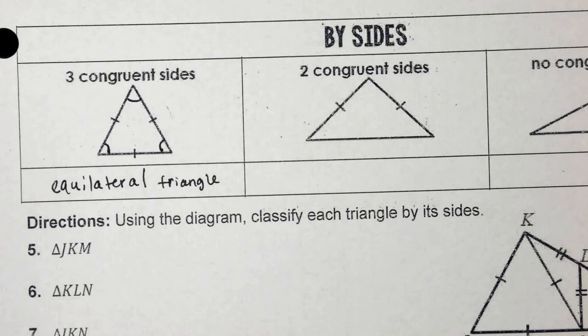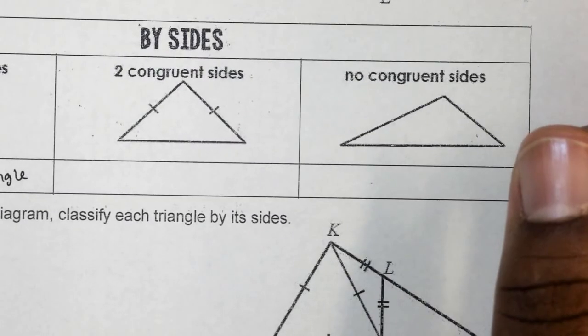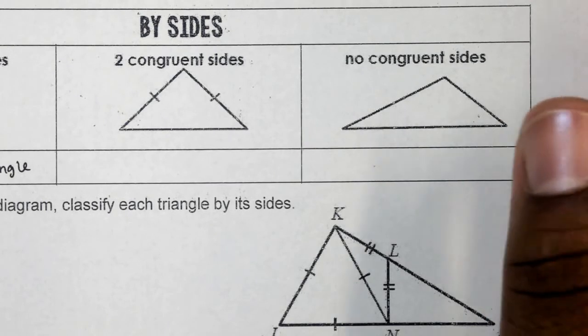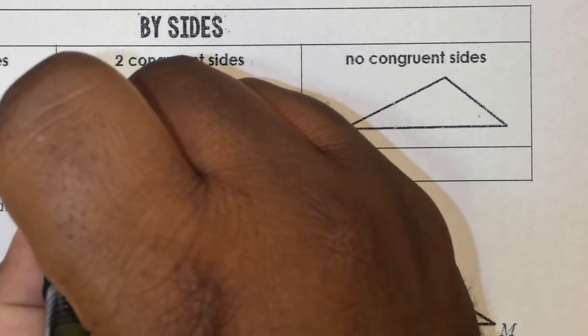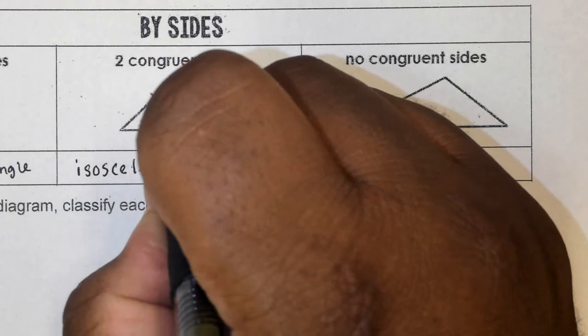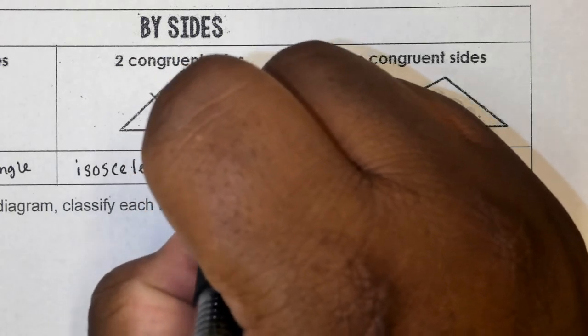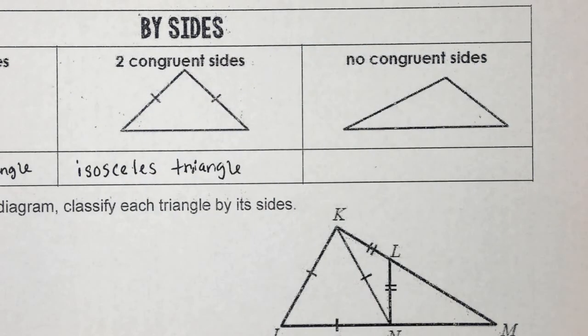Those two go hand in hand. 2 congruent sides. Anybody remember this word? Y'all don't have good memories. Isosceles. I know y'all got taught this before. A triangle that has 2 congruent sides is called an isosceles triangle.